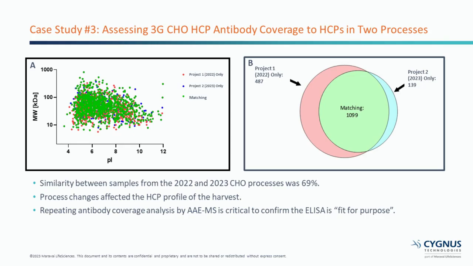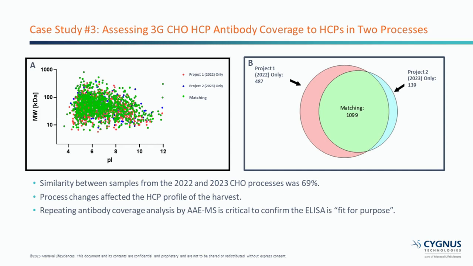But what is important here is we compared the HCP profiles between the two samples and determined that they were 69% similar only. In figure A, we have the 2D virtual gel showing the overlay of the HCPs present in both samples. And as you can see, there's a high amount of green, which indicates the matching HCPs. But there are also red spots corresponding to only those HCPs that were found in the 2022 sample, and the blue spots corresponding to the 2023 sample.